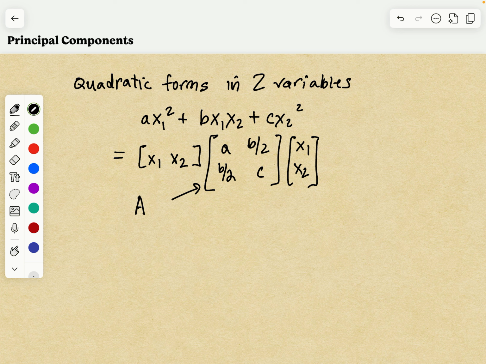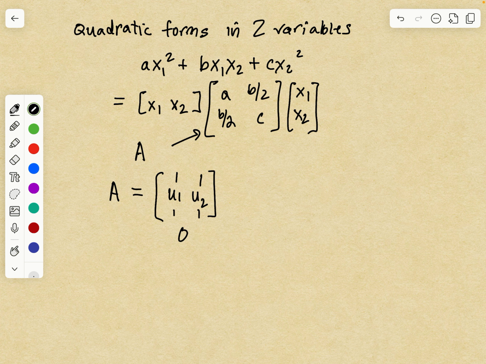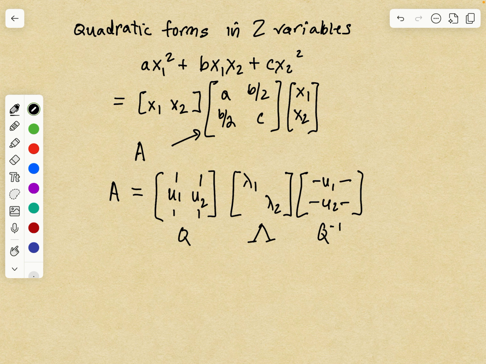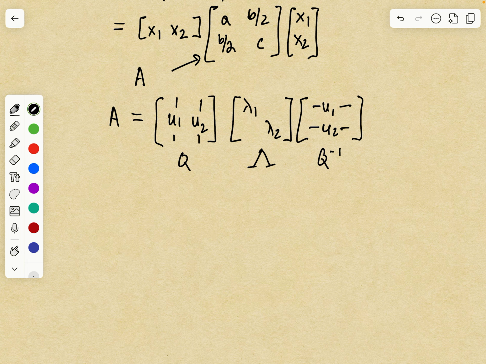And by the spectral theorem, A has a decomposition Q, which has columns which we'll call u1 and u2, lambda, which is a diagonal matrix, and Q transpose, or Q inverse. They're the same. Q transpose equals Q inverse because Q is an orthogonal matrix.